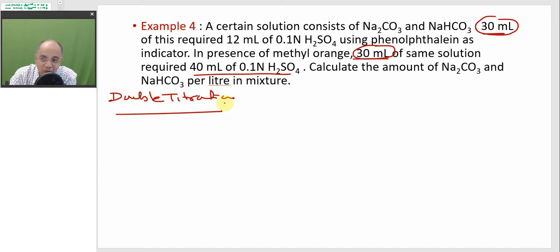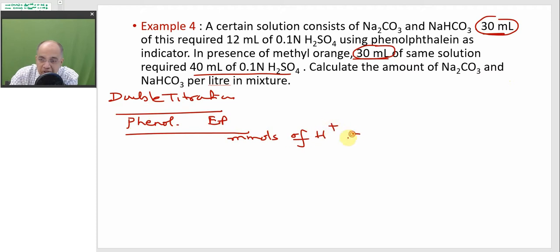Calculate the amount of sodium carbonate and sodium bicarbonate per liter in the mixture. Right? Now, let us go for phenolphthalein in the endpoint. Now, whatever millimoles you are getting, millimoles of H plus ion is equal to 12 into, since it is sulfuric acid, its N factor is 2 and molarity is always numerically a lower number, so divided by 2.